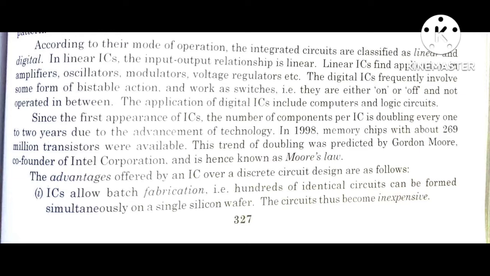Since the first appearance of ICs, the number of components per IC is doubling every 1 to 2 years due to the advancement of technology. In 1998, memory chips with about 269 million transistors were available.